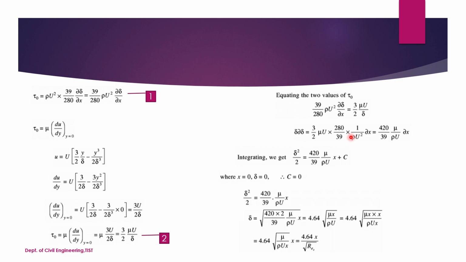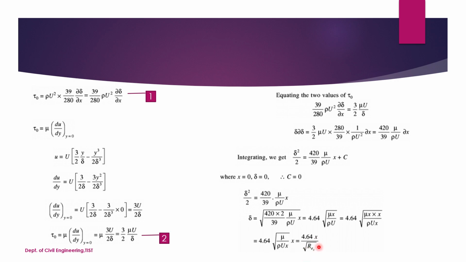So the equation becomes delta square by 2 is equal to 420 by 39 into mu by rho u into x. So this is the equation. On rearranging, you will be getting delta is equal to this term, and here we have already studied what is Re or Reynolds number. Reynolds number Re is equal to rho u x by mu. So in the denominator you have root Rex.